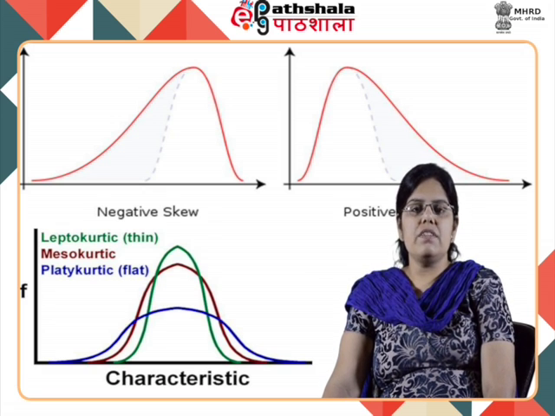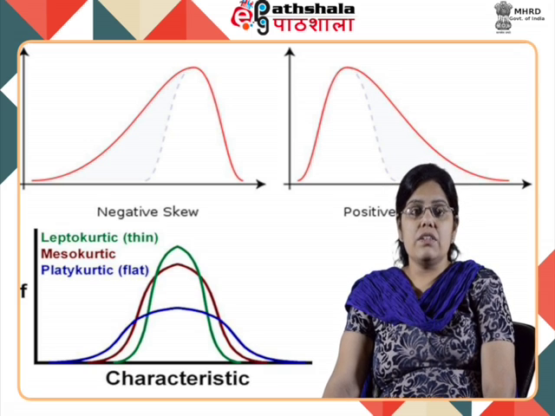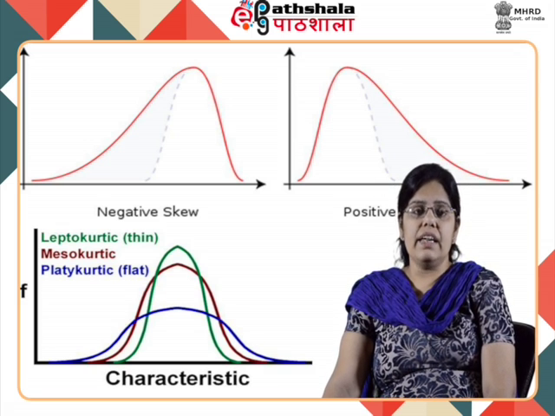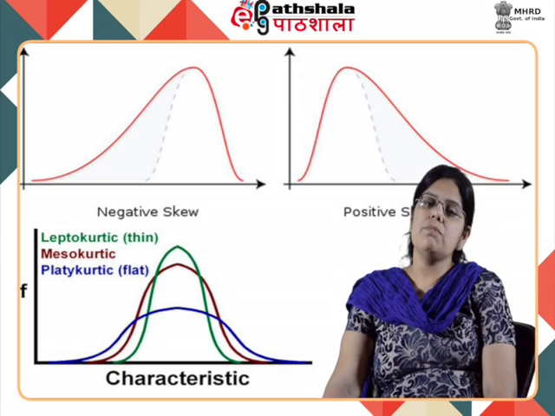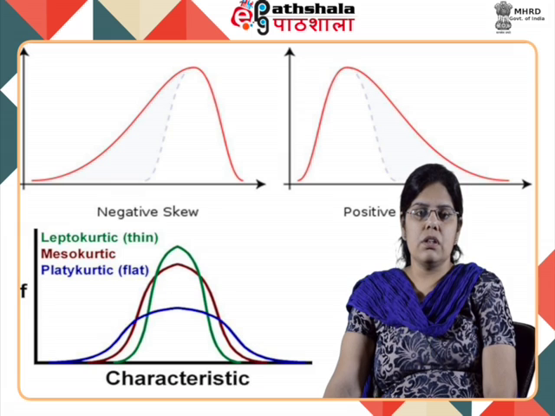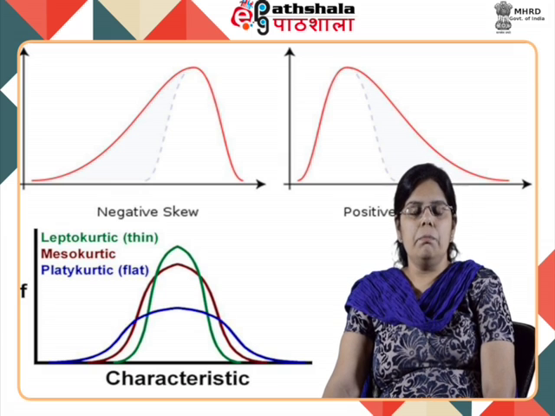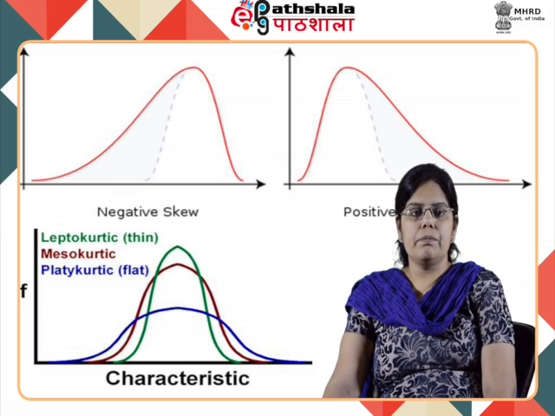In a positively skewed distribution, the mean, the median and the mode relationship is represented as mean is greater than median and greater than mode. A distribution is said to be skewed negatively when extreme scores are present at the low end of the distribution. The relationship is then expressed as mean is less than median, median is less than mode.